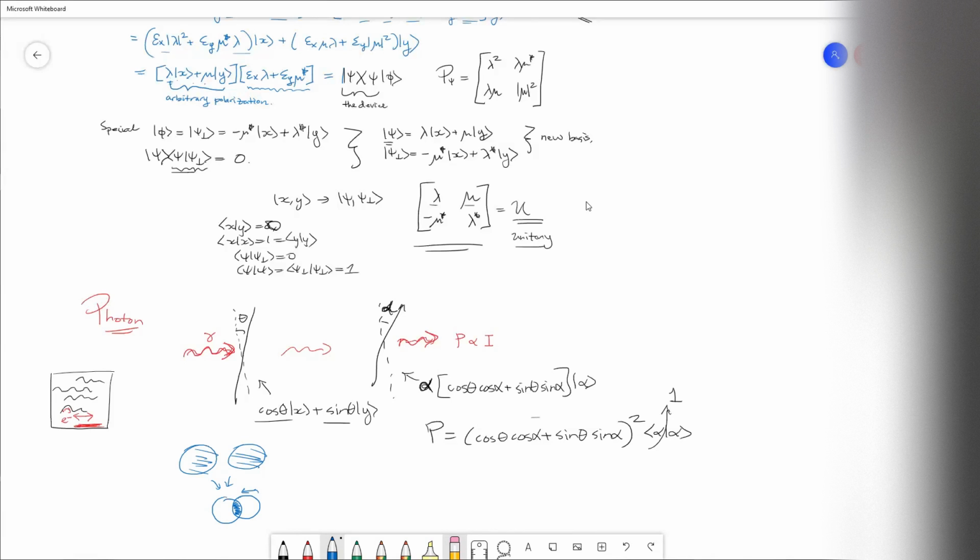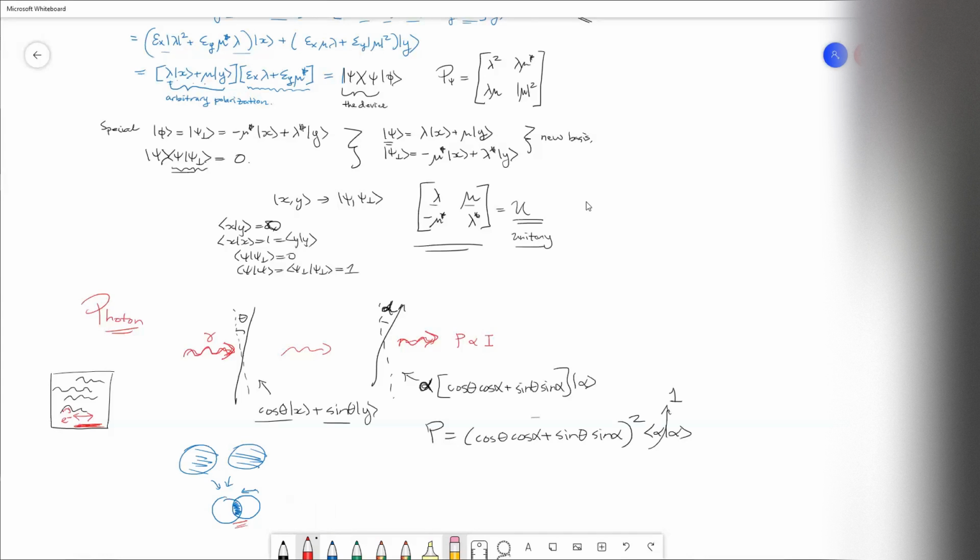Yeah, so we're just doing that thought experiment, and I just want to illustrate something interesting about it. I haven't told you why I'm doing this, but that's what this is. It's just crossing two polarizers.